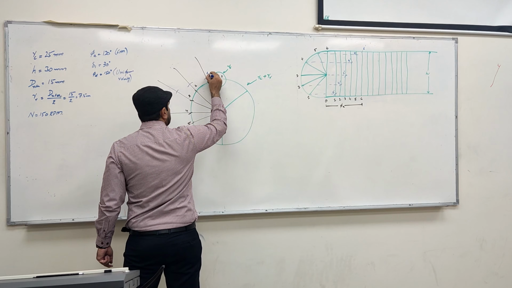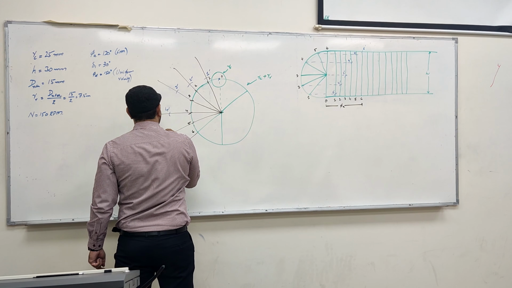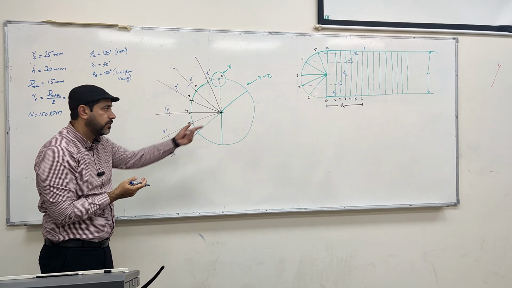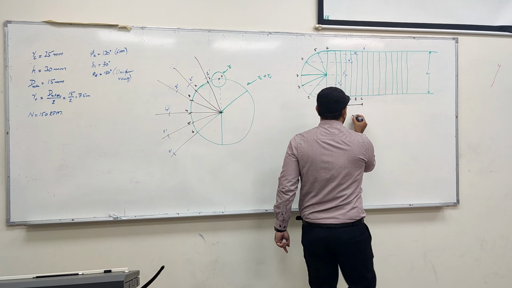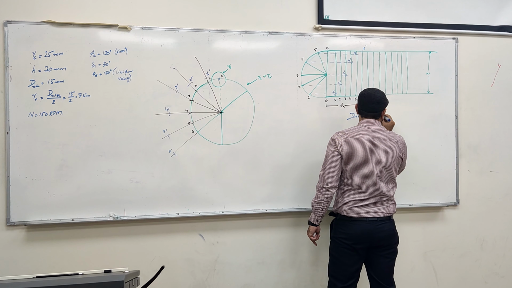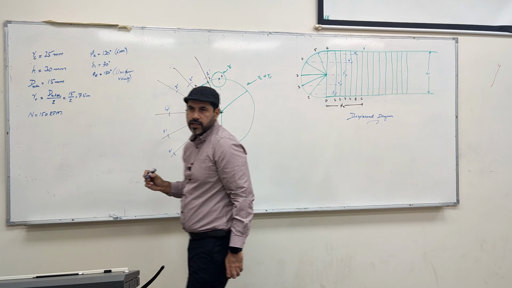All of them should be labeled 1 prime, 2 prime, 3 prime, 4 prime, 5 prime, 6 prime. Without labeling, it would be very difficult to see which point is coming from the displacement diagram to the cam profile.